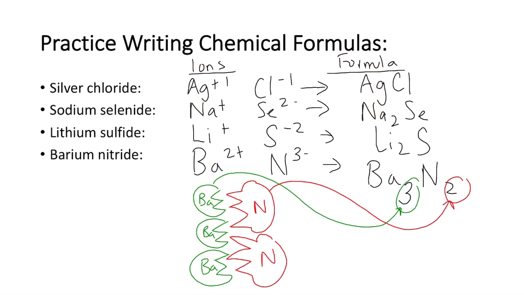But these are examples. The diagram at the bottom is a puzzle piece visual model to show you that you need these prongs to fit together like a puzzle piece. So if I count, I have 1, 2, 3 prongs on each nitrogen. And so total for nitrogen, I have 6 prongs. Now, if I look at the barium, I have 1, 2 on each.